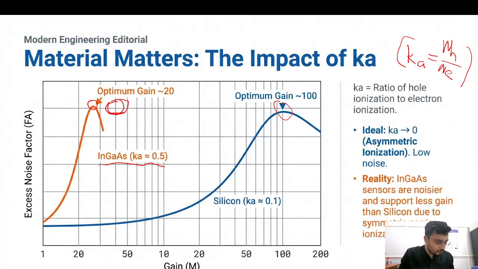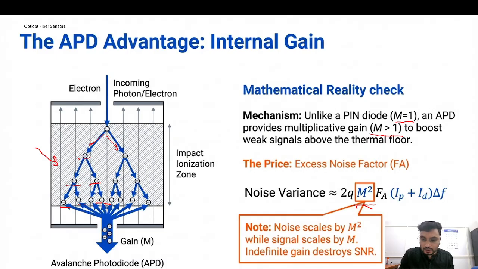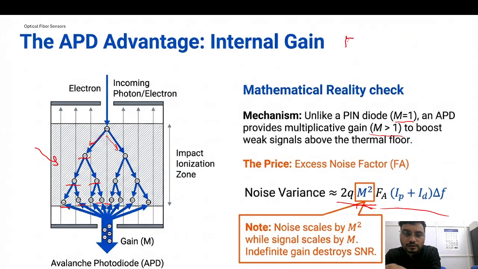We have discussed this equation, where Fa is, let me write this Fa here, equal to Ka times m, plus (1 minus Ka) multiplied by the bracket (2 minus 1 upon m).